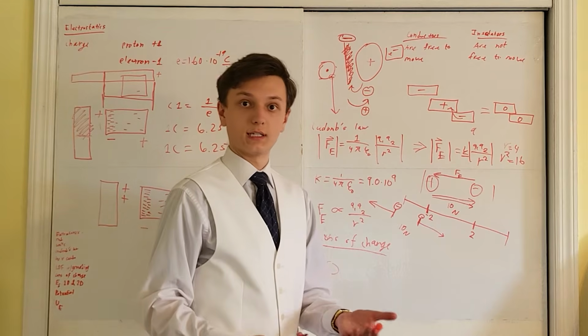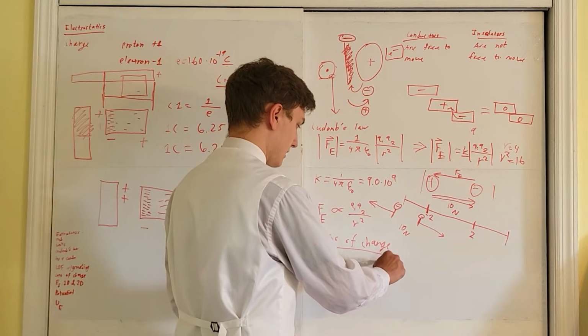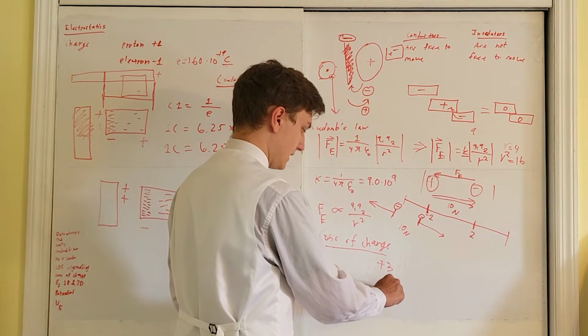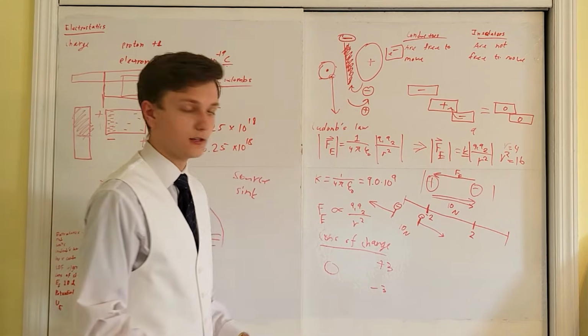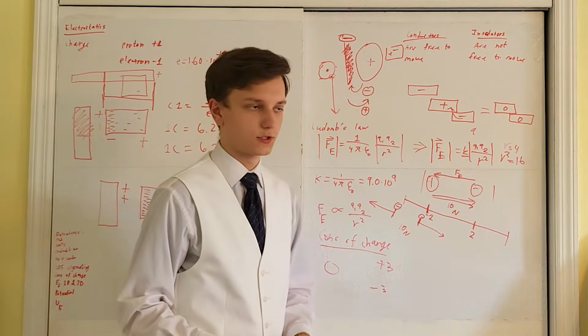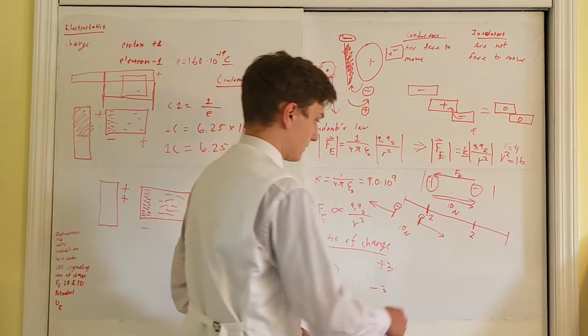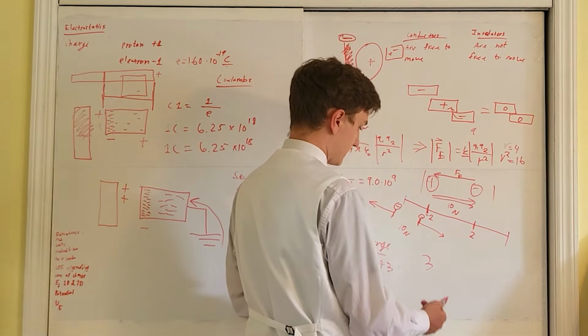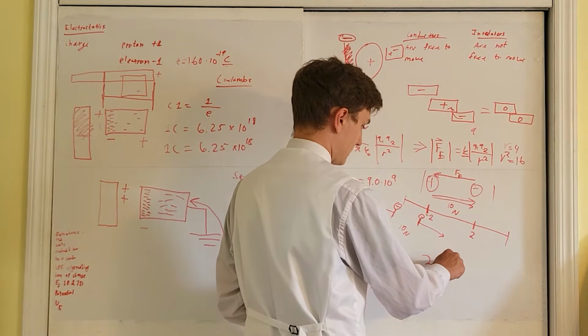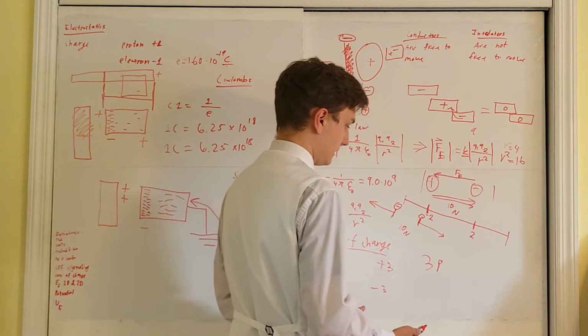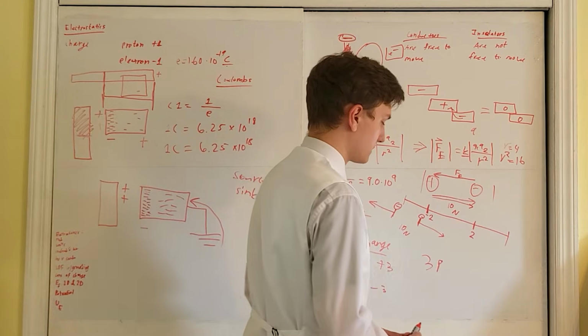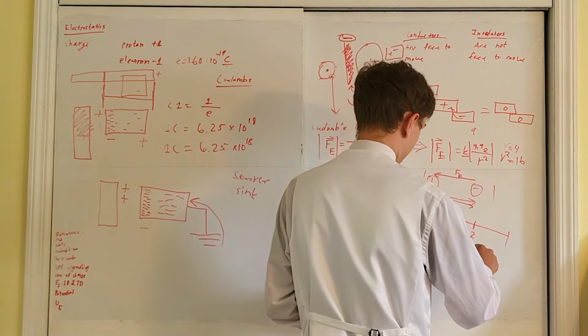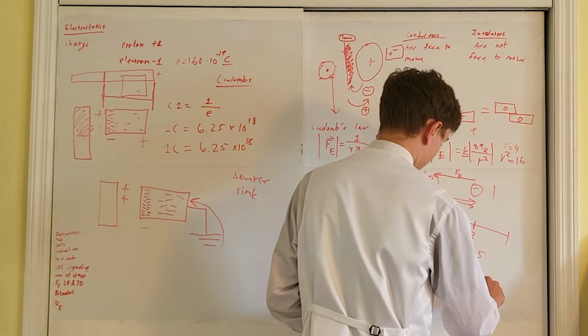And 0 charge can take on many forms. It could be +3 coulombs and -3 coulombs. And that's still 0 charge, conservation of charge. If I start with 3 coulombs of charge, if I start with 3 protons in my system, I'm going to need to end with 3 coulombs of charge, which might be +5 coulombs and -2 coulombs.